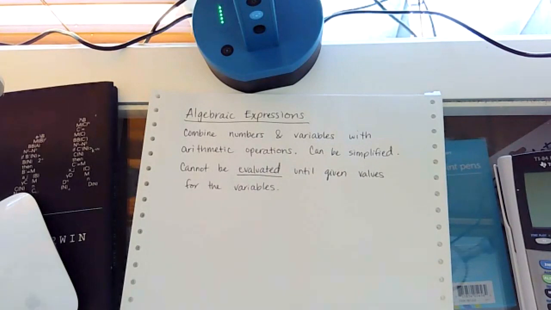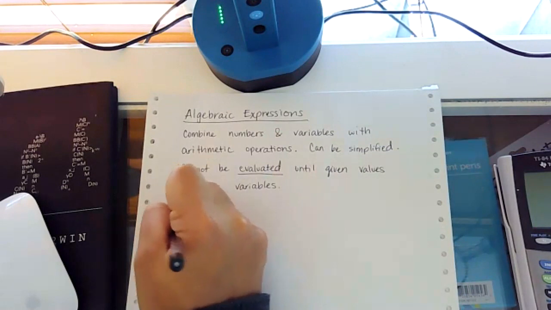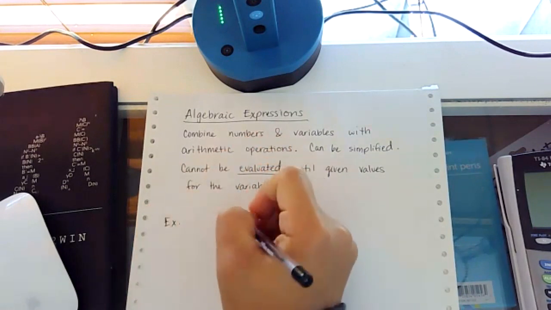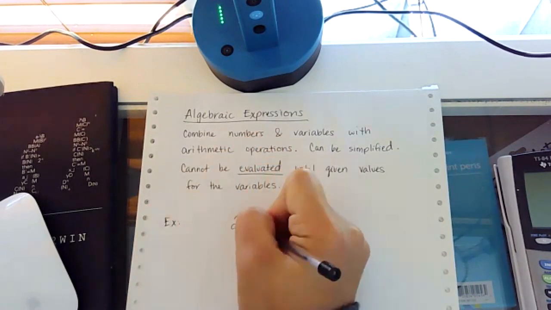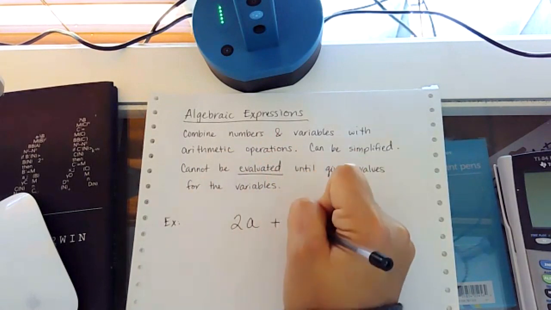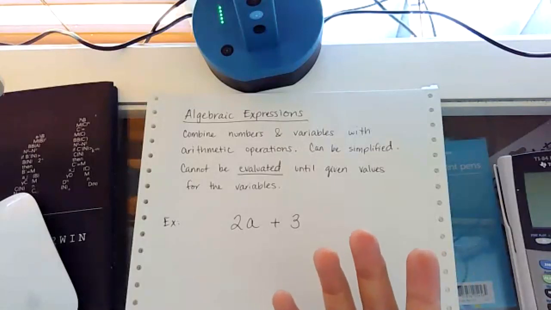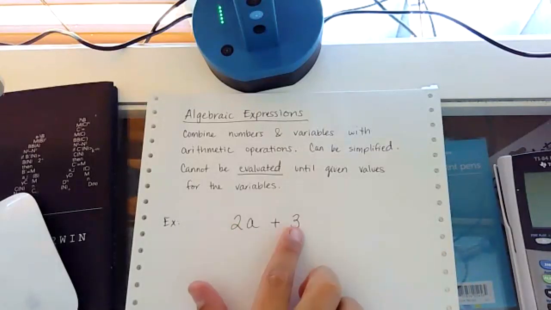Okay. So in these kinds of expressions, let me just give you an example algebraic expression, something really simple like 2a plus 3. And let me label some of these things. In this expression, we have one operation, the operation of addition, and we have these two quantities.